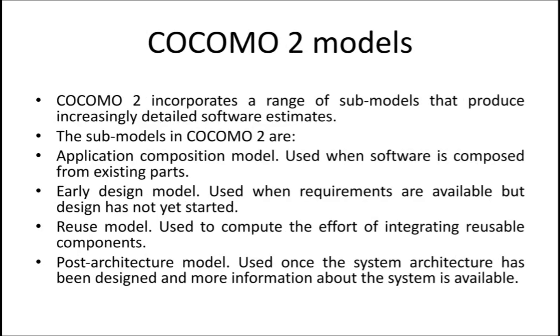Now I will explain this Cocomo 2 model. Cocomo 2 incorporates a range of submodels. It can be divided into a range of submodels that produce increasingly detailed software estimates.